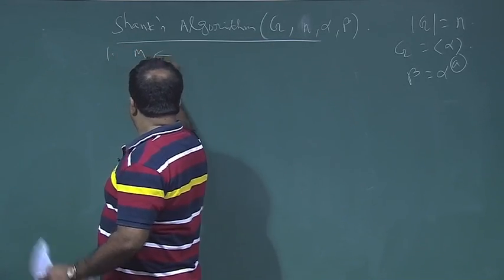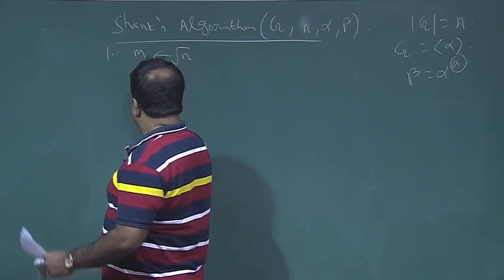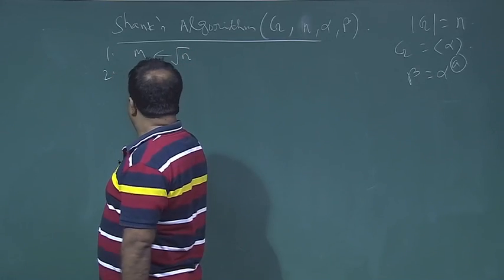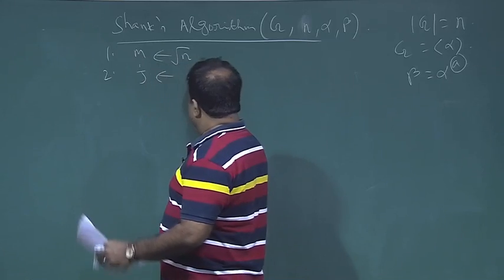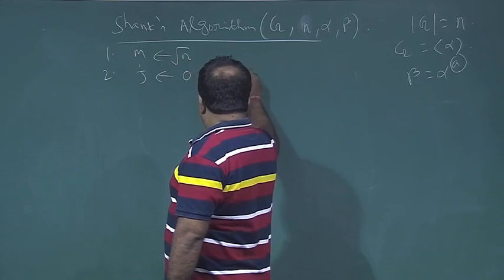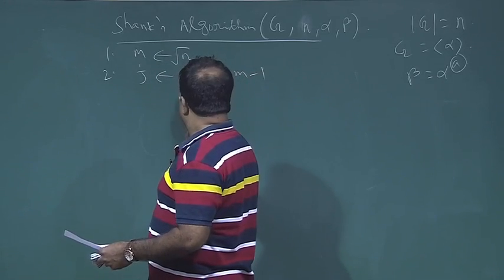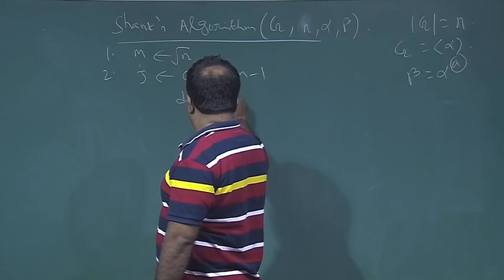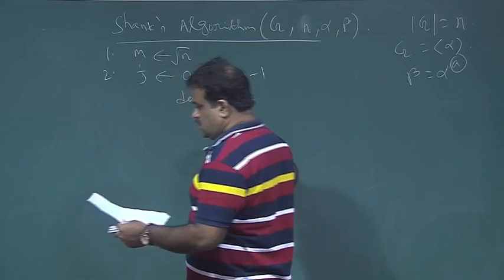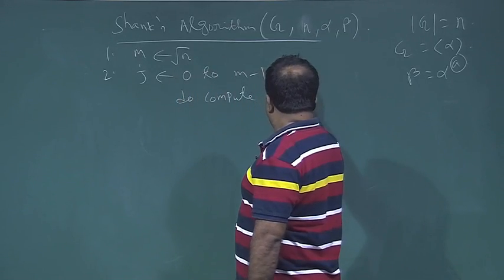We first set m equal to the square root of n, and then for j equal to 0 to m minus 1, we compute alpha to the power m into j.